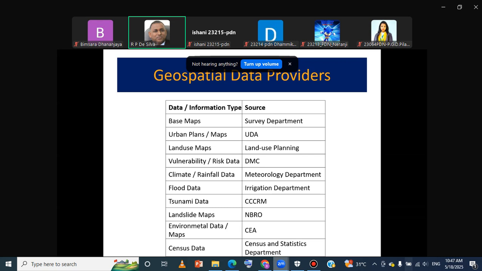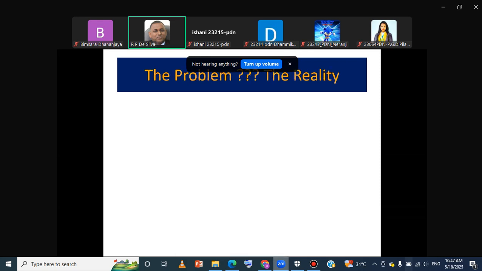Whenever there's a landslide, NBRO is the National Building Research Organization. Environmental data maps from CEA, census data from Census and Statistics. So these are some of the institutions.